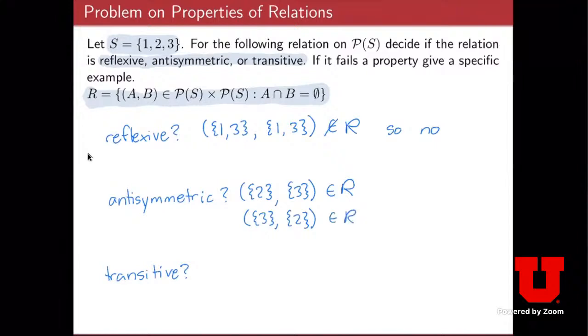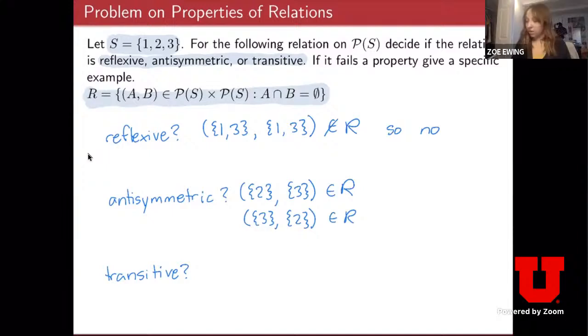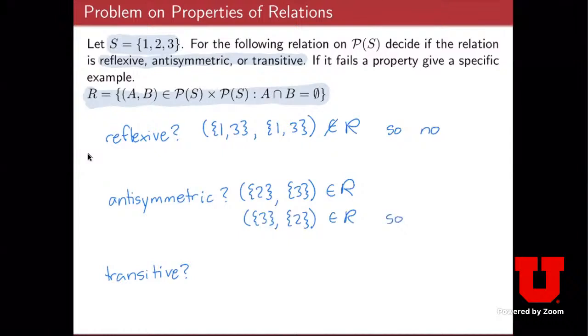Yeah. So this shows that it is symmetric, because you can switch the elements and it's still in the relation. Okay. So for antisymmetric, if there are any elements that are symmetric, it can't be antisymmetric. That makes sense.